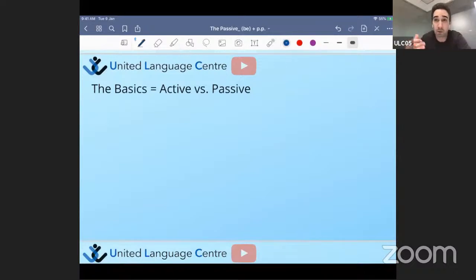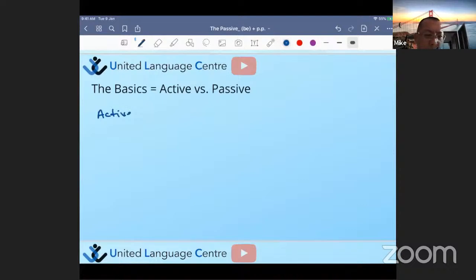Okay, so I think the most important thing with active and passive is that most new students, most beginner students, tend to use active sentences, right? So for example, we would start with an active sentence, something as simple as subject, verb, object.